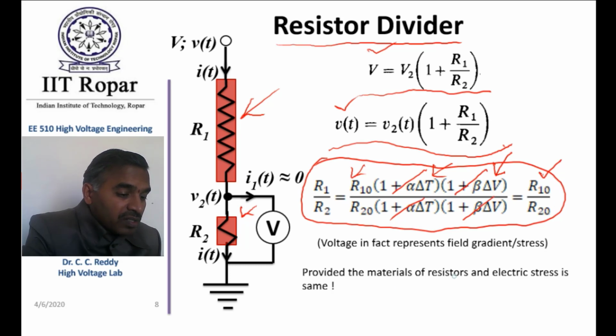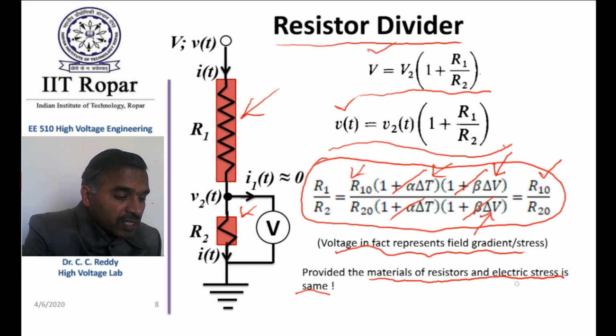But this happens provided the materials of the resistors and the electric stress are the same. Electric stress, stress across the resistors, this delta V corresponds to in fact that only. Voltage in the above corresponds to field stress only actually.